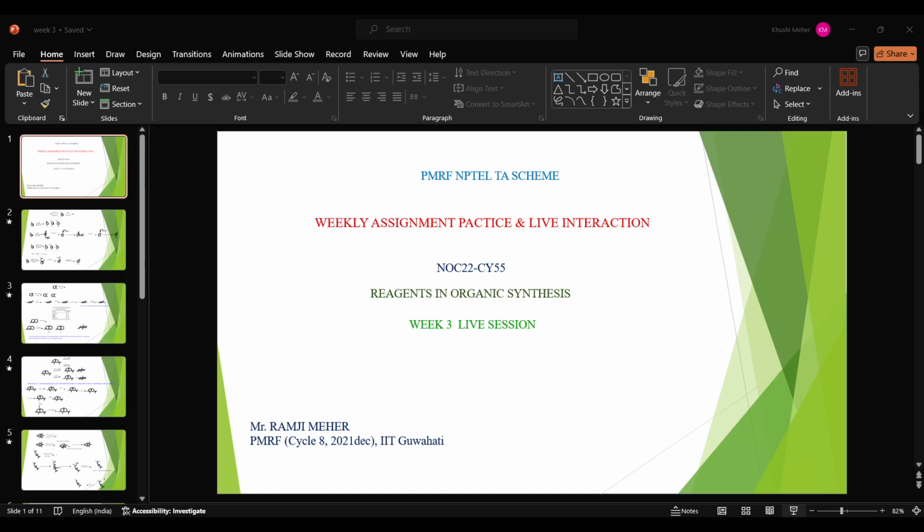We also discussed some problems related to relay oxidation, how you will synthesize alcohol from alkene, or if you have a keto and an enolizable keto, you will get the corresponding diketone, how it is synthesized, and their mechanism also.